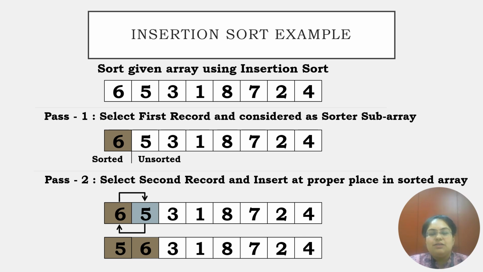Now we consider that 5 and 6 are in the sorted sub-array, and every element from the second index onwards is the unsorted array. We repeat this procedure until we get the sorted array.